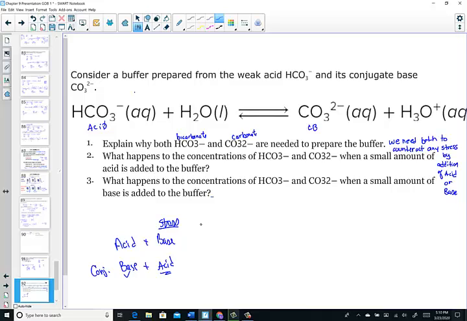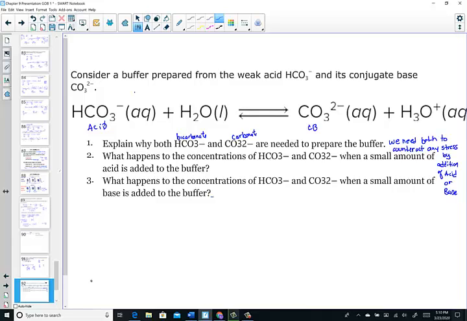So you need both in order to have the ability to neutralize. The addition of a base is neutralized by the acid. If we added an acid, it will be neutralized by the base. Either stress has something ready in action to help resist the change in pH by Le Chatelier's principle.